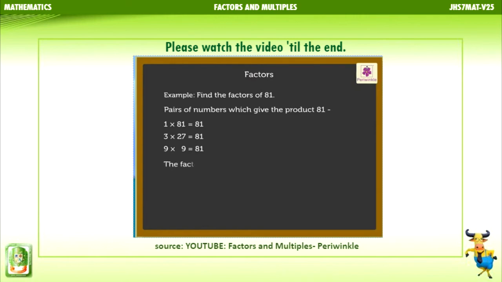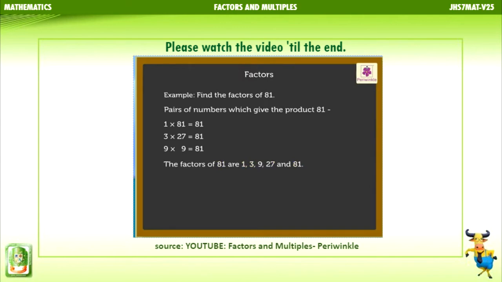Thus, the factors of 81 are 1, 3, 9, 27 and 81, as each of these numbers divides 81 exactly.